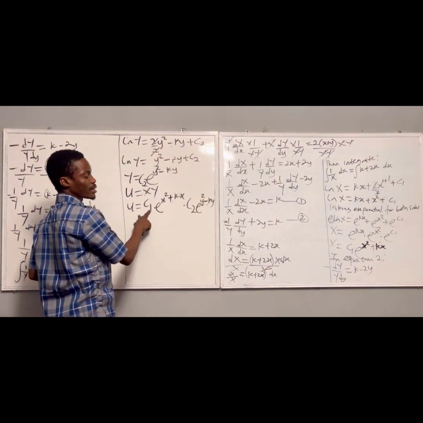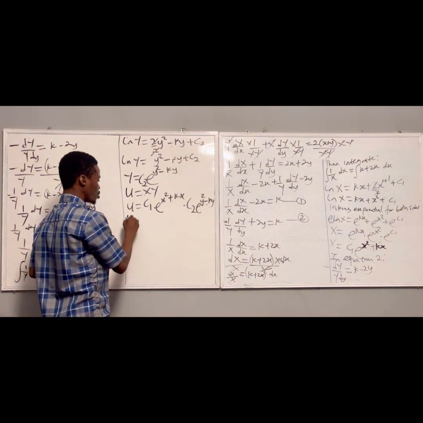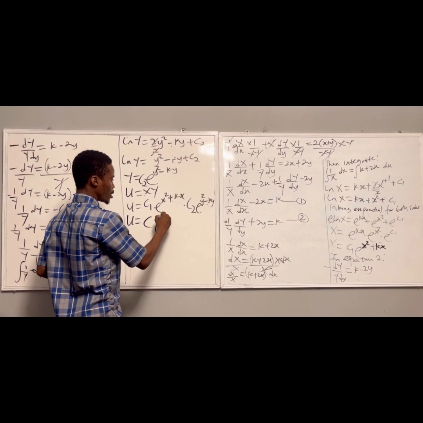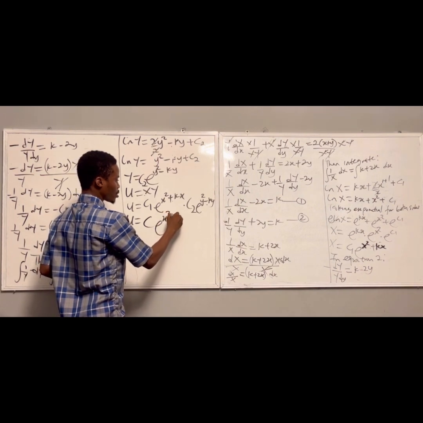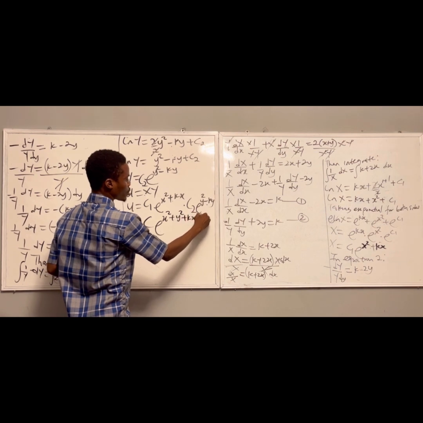Since this is a constant, I can say it should be a constant term c. U is equal to, maybe AB or a general constant c, exponential s square plus y square plus ks minus ky.